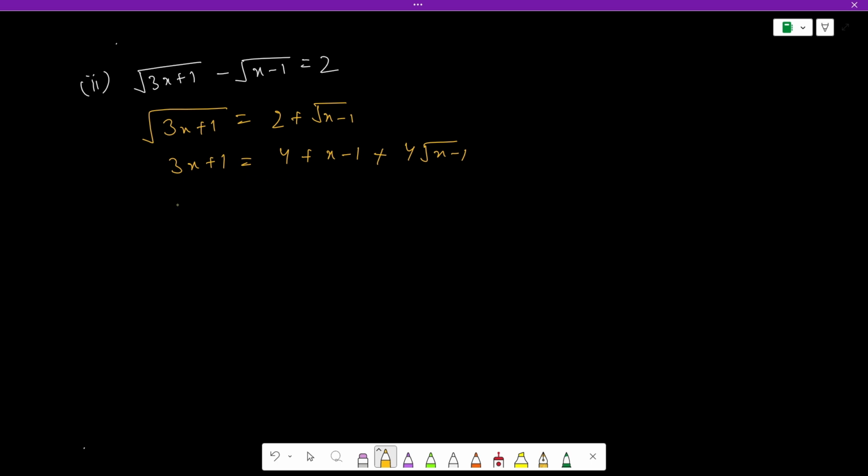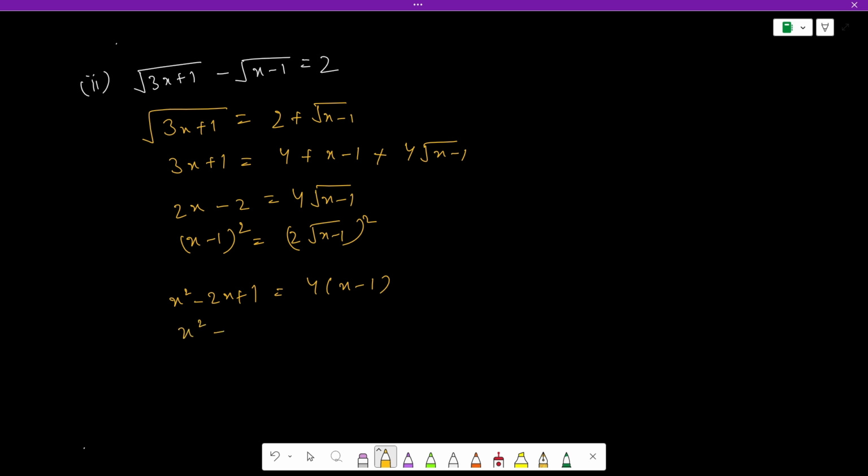Again we can isolate it, so it becomes 2x minus 2 equals 4 under root x minus 1. So this becomes x minus 1 squared equals 2 under root x minus 1 squared. x squared minus 2x plus 1 equals 4 into x minus 1.